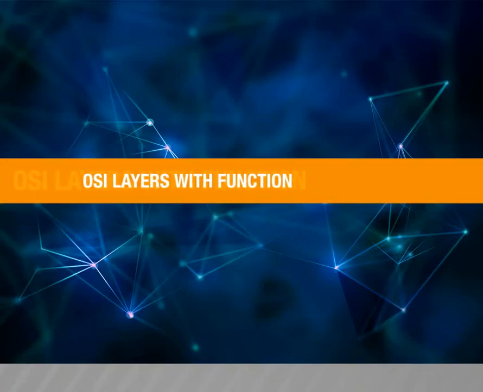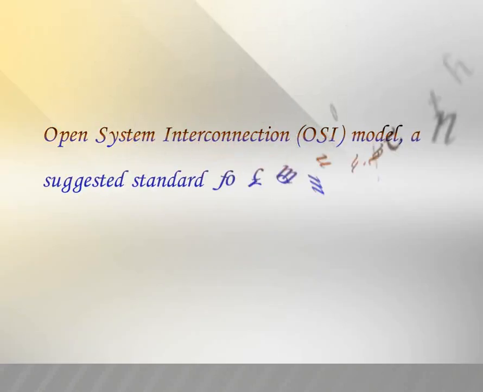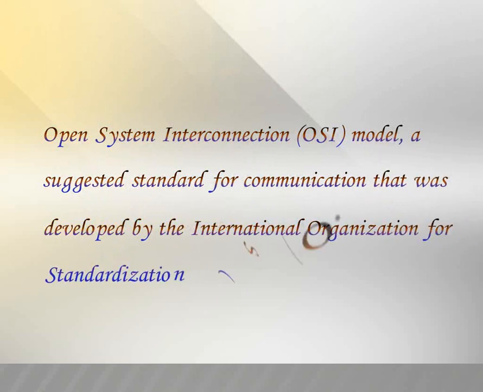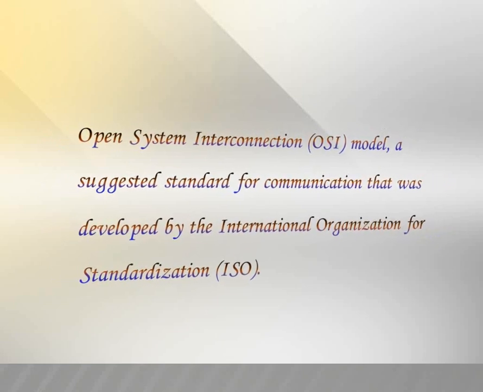OSI layers with functions. In this video, we are going to see about OSI layers with functions. The Open System Interconnection (OSI) model is a suggested standard for communication that was developed by the International Organization for Standardization (ISO).